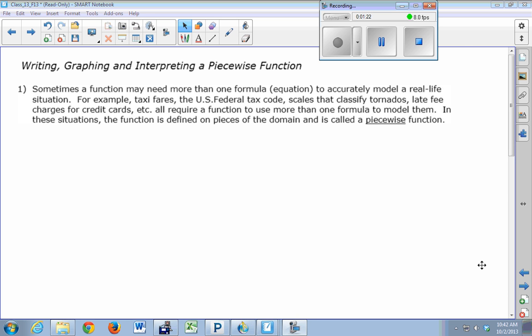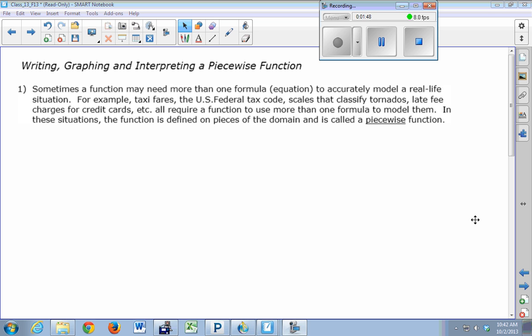For example, taxpayer, municipal tax code, scales that classify if you charge credit cards, only part of the situation. So there are a lot of real life situations where one formula is not going to do it.